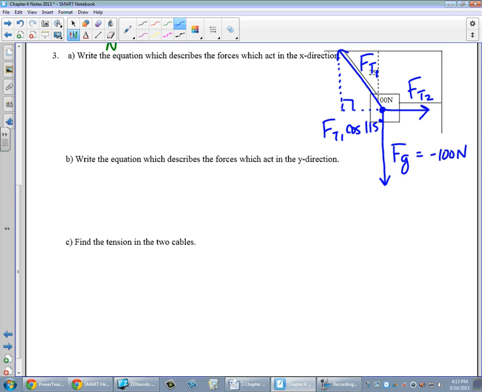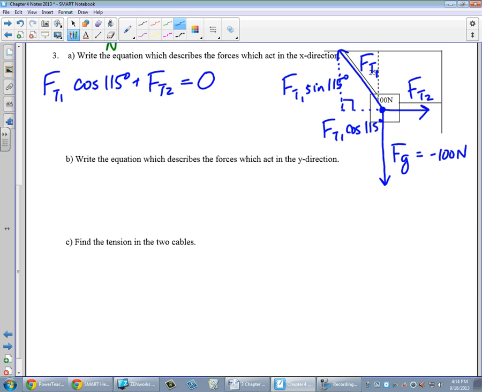And then my vertical component will be Ft1 sine 115. So the forces which act in the x direction will be Ft1 times the cosine of 115 plus Ft2. And those two must sum to 0.